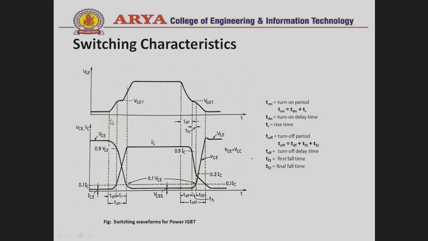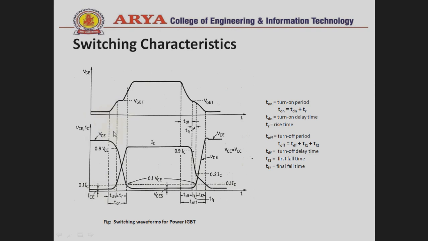This value is not 0 because the junctions are present in the off state of IGBT, so a small current and voltage remain in the IGBT. As we apply the positive gate pulse, at that time the IGBT comes to the on state.